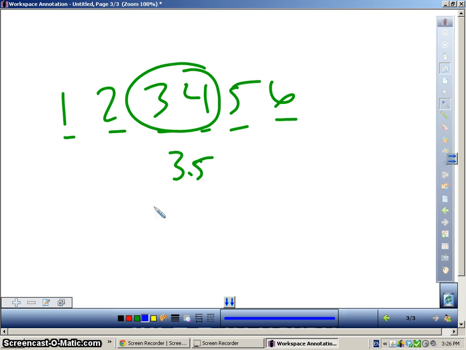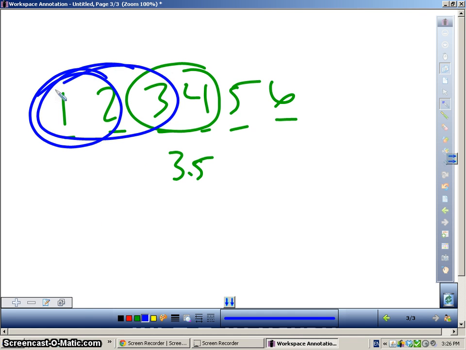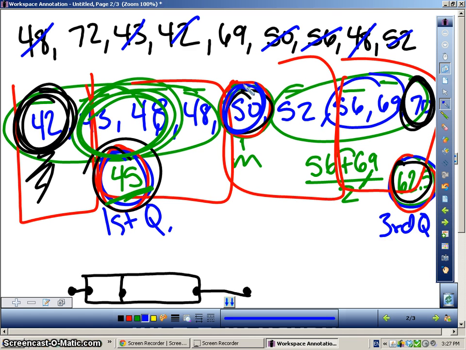When you go to find your quartiles, it's not just 1 and 2. You have to include 3 in that. And the reason why is 3 is not a median. Back on this other page, 50 was the median, so there's no reason to include it in our first quartile calculations or our third quartile calculations.